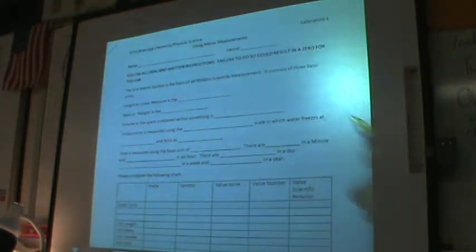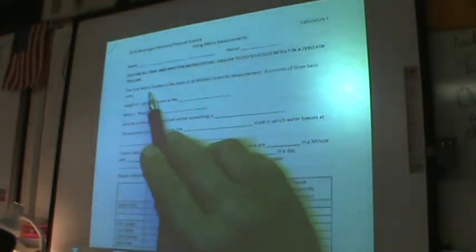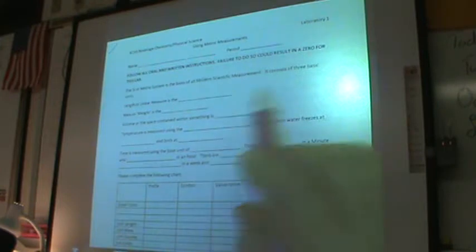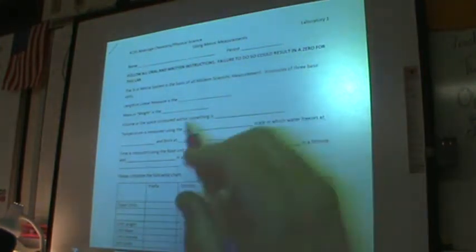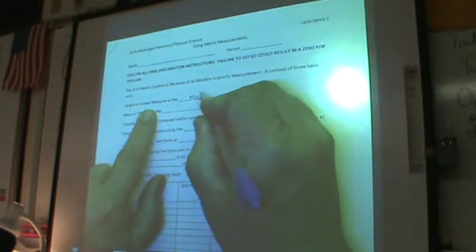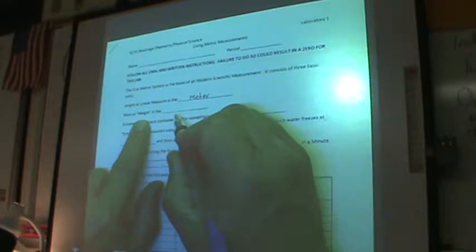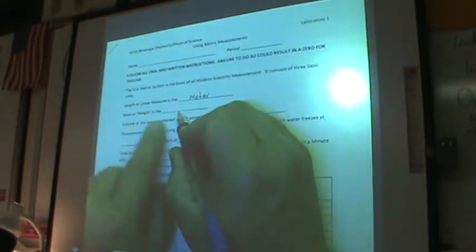As you all know, we're working with the SI or metric system, which is the basis of all modern scientific measurement. There are 3 basic units. Length or linear measure is the meter. Mass or weight, and I have weight in quotes because weight is a relative or subjective term, but that base unit is the gram.